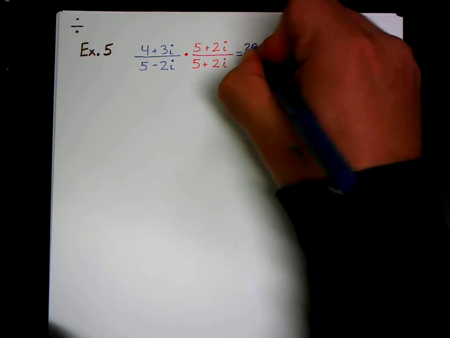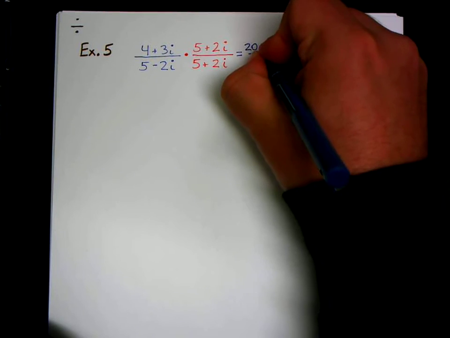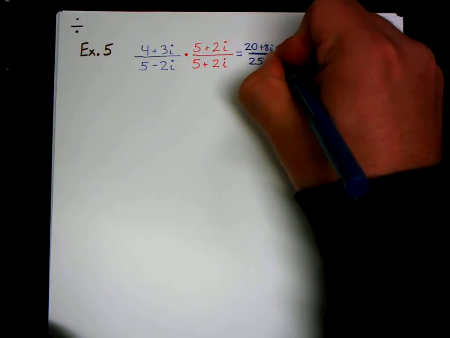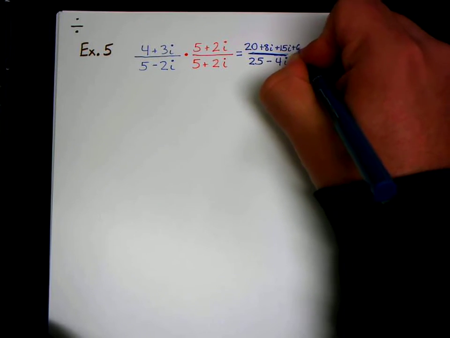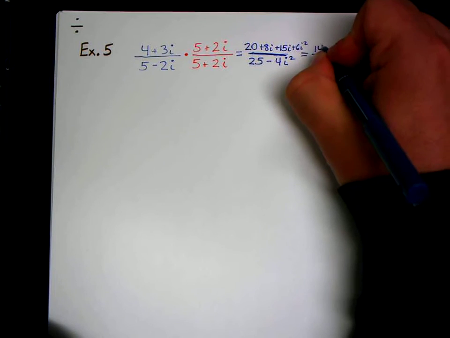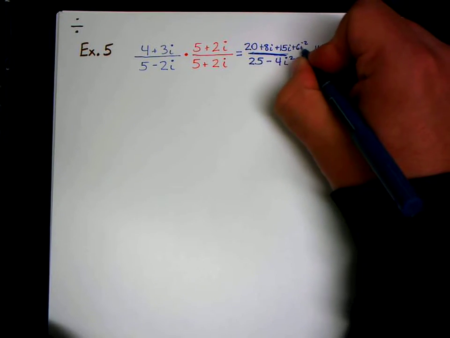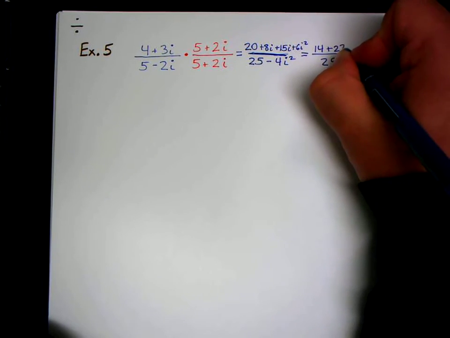So let's see, that's 20. I didn't leave nearly enough room to do this. 20 plus 8i plus 15i plus 6i squared. So let's see, that's 14, because that becomes minus 6, plus 23i.